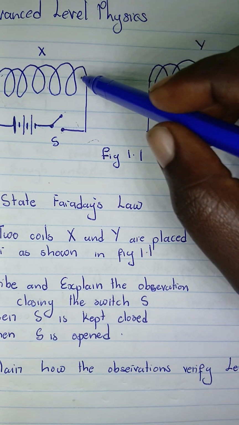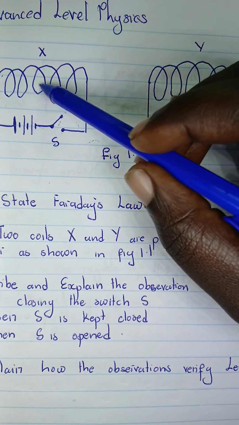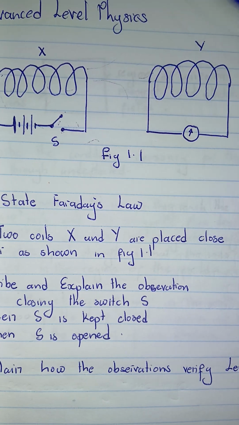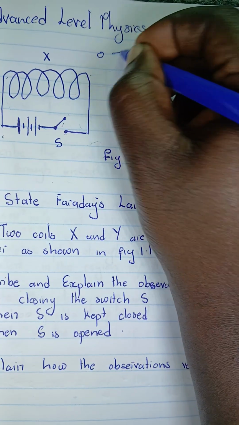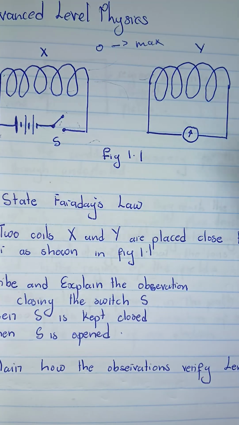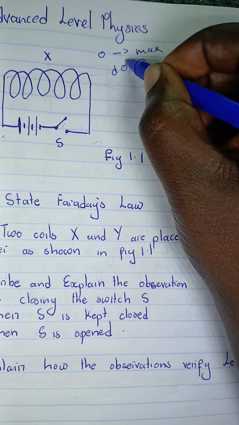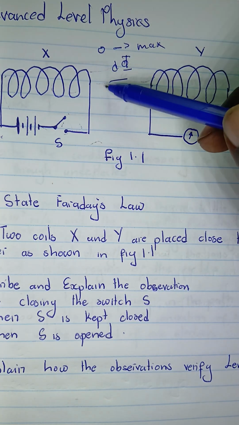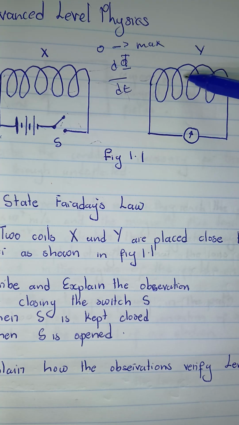So when the current moves here, it creates a magnetic flux. Since the current is moving from 0 to max, dΦ/dt is the change over the time taken for the current to move from 0 to max, which means there's going to be an EMF induced because the magnetic flux is increasing.